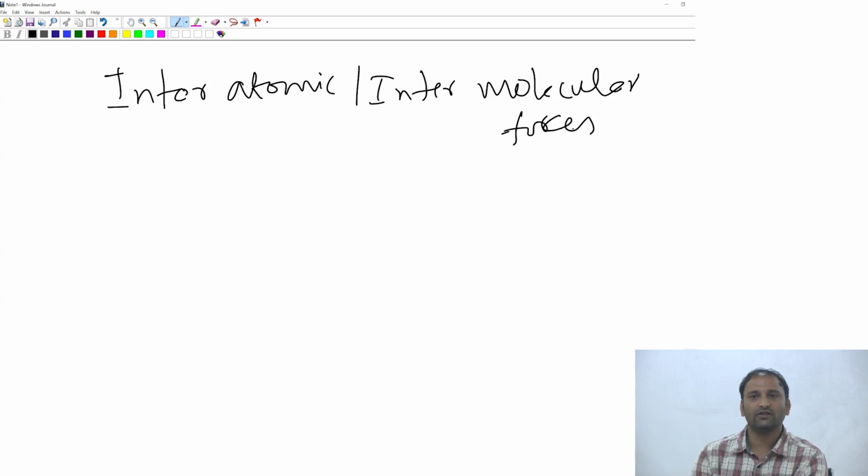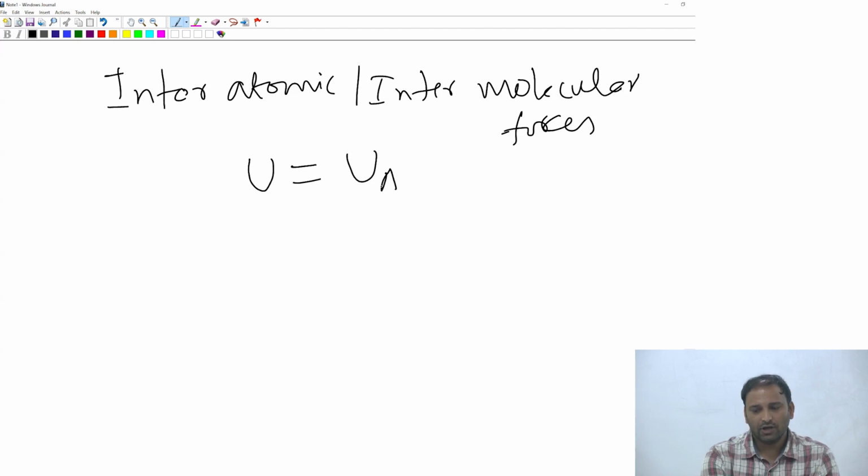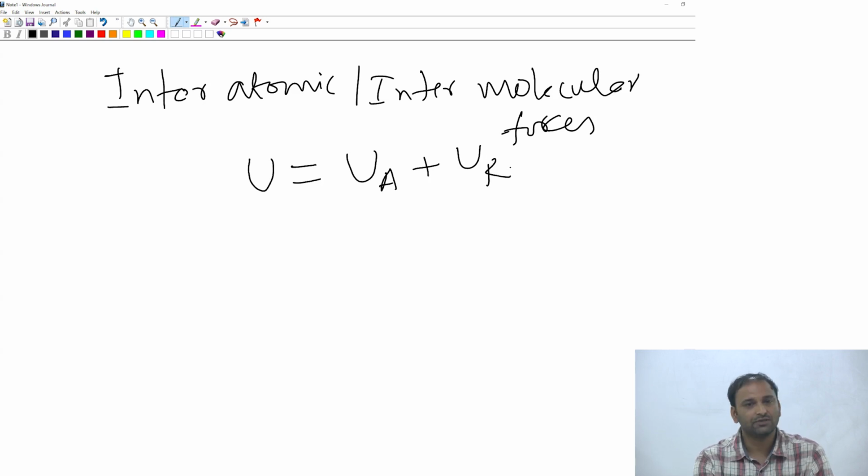The only thing that is important is that whatever atoms and molecules make up these particles, there's something called intermolecular or interparticle forces between them. In general, your intermolecular force is typically a summation of some attractive forces plus some repulsive forces.